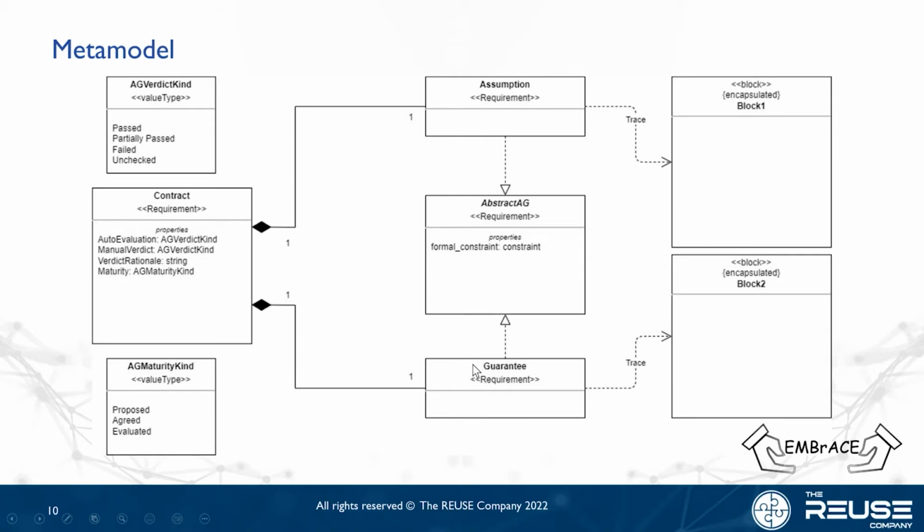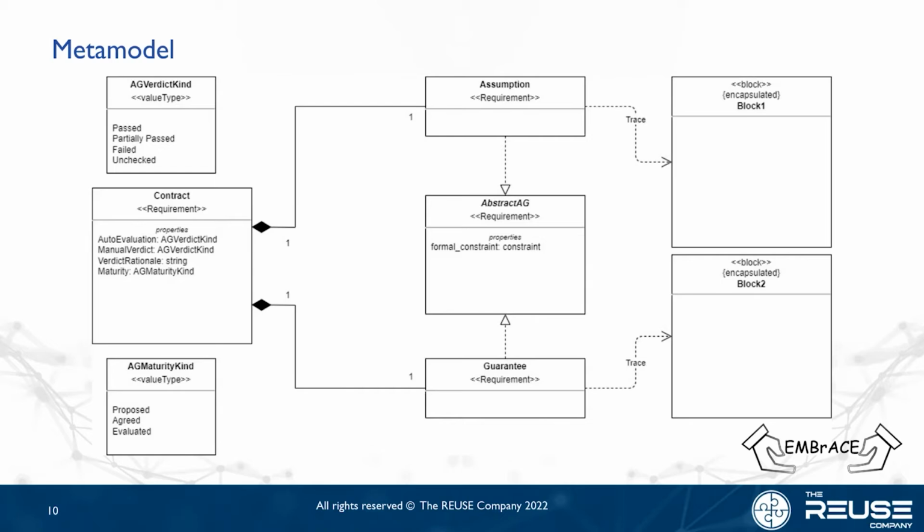The contract, assumption, and guarantee are requirements in SysML. So we put some properties in the contract and others in the assumption and guarantee. This means that we have a contract that will have an assumption and a guarantee that the user can fulfill, and we can digitalize it.